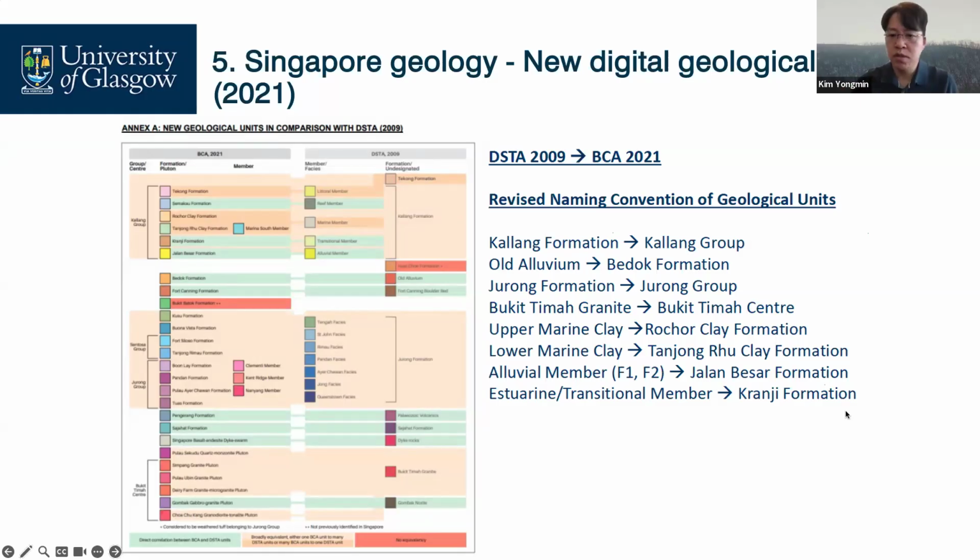Despite the effort, I'd like to stick to four representative geological formations for this module, which are still the majority of Singapore geologies: Jurong Formation, Bukit Timah Granite, Old Alluvium, and Kallang Formation.